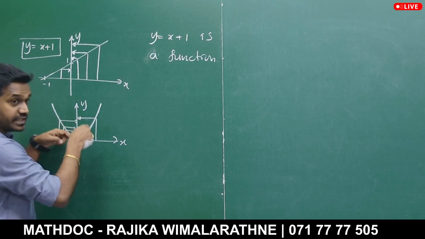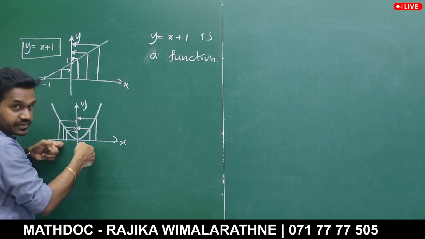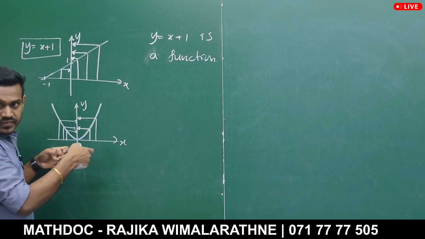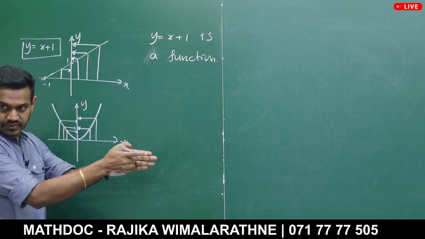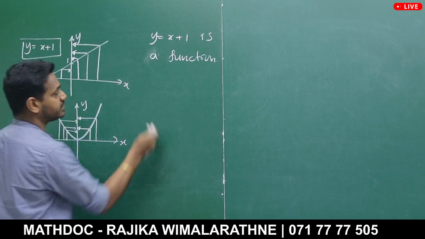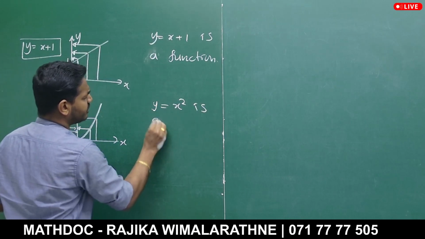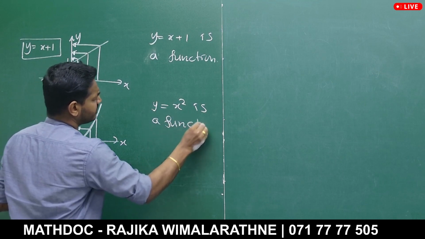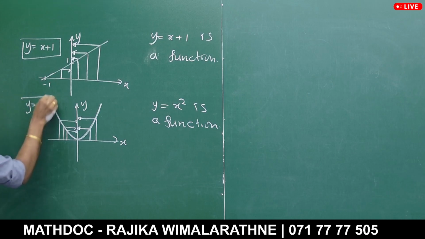But if you think in reverse order, here one output can get two inputs. But anyway, to identify, you have to go from input to output. Then one input has only one output, so this is a function. Then y equals x square is a function.